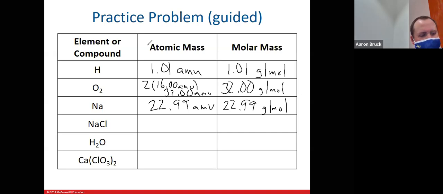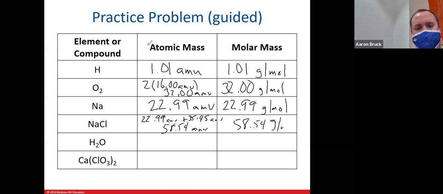Okay, so NaCl. I'm going to have 22.99 AMUs for sodium, 35.45 for chlorine. 22.99 plus 35.45 gives me 58.44 AMUs, which would be 58.44 grams per mole.